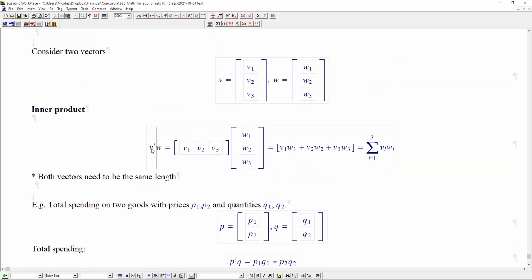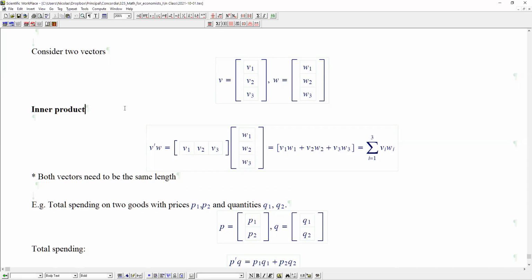When you do the inner product, you do the transpose, 1 by 3, multiplied by this. And that's going to be a general rule for multiplication of two things, like two vectors: the number of columns of the first vector has to equal the number of rows of the second vector.